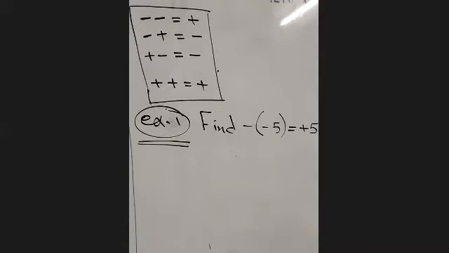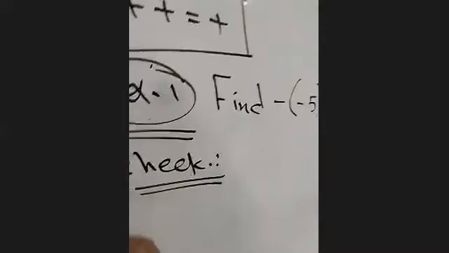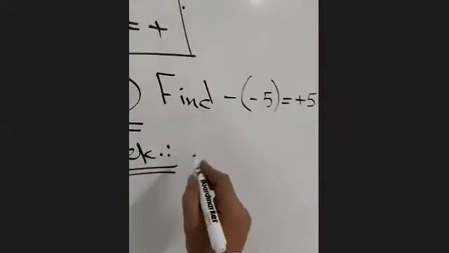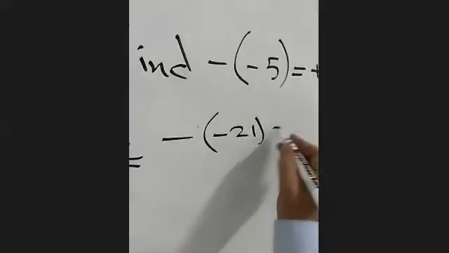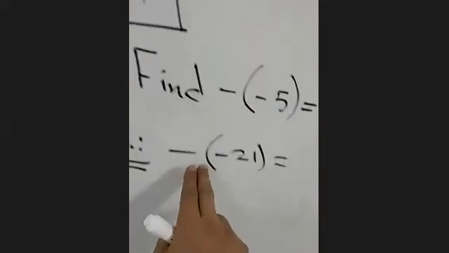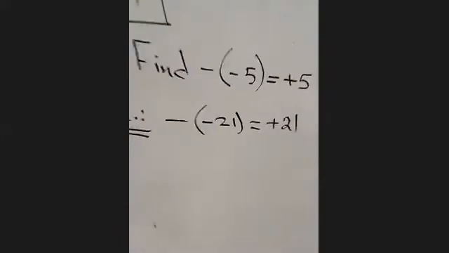This is example 1. Let's go to the check under example 1. What we have? We have negative, bracket, negative 21. We have two negatives besides each other. In the square, negative negative means what? Positive. So this is equal positive 21.